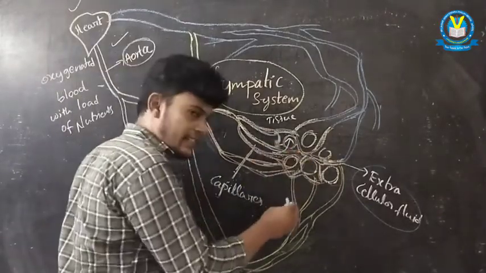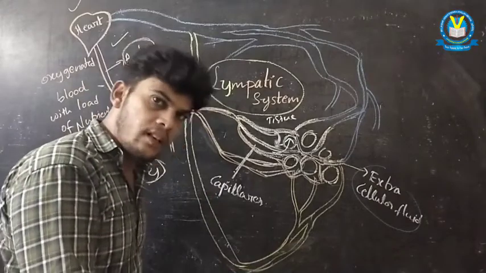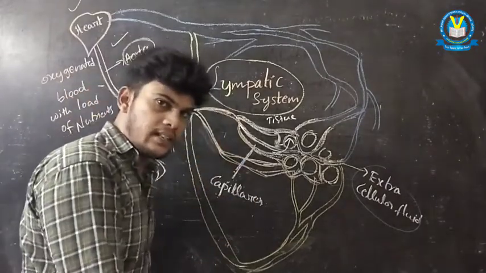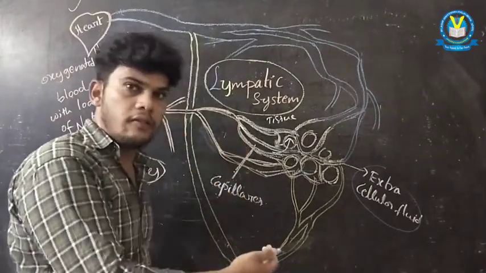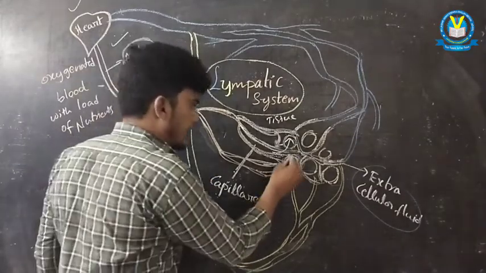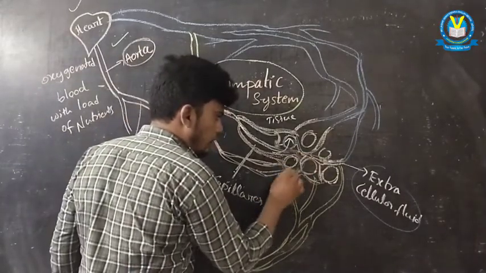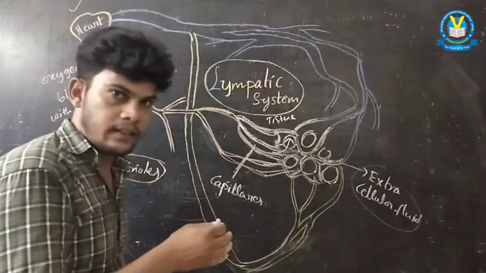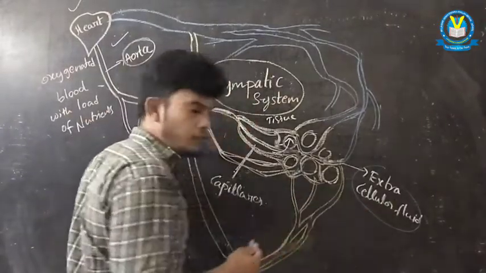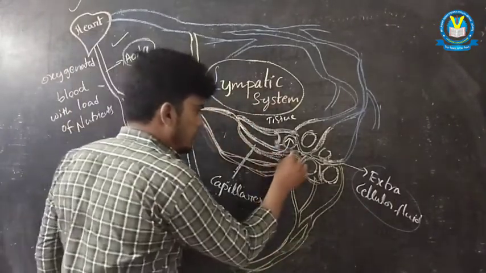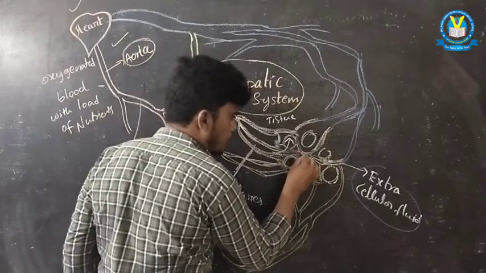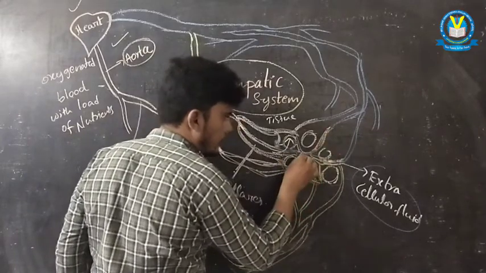These wastes, carbon dioxide and ammonia wastes, again come into the fluid present between the cells, I mean the extracellular fluid. This waste again passes through the capillaries. These white ones are capillaries.